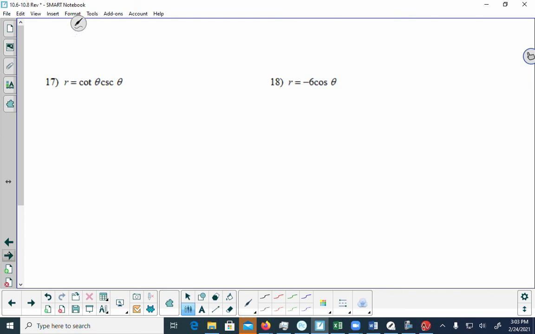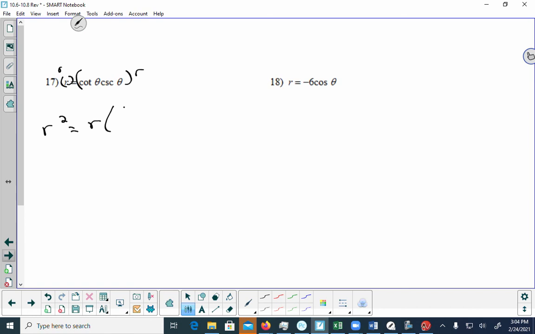Okay, the next one, number 17. I am going to decide what I'm going to do with that r. I think I am going to multiply both sides by r again. And when I do that, I am going to have r squared is equal to r cosine or cotangent.